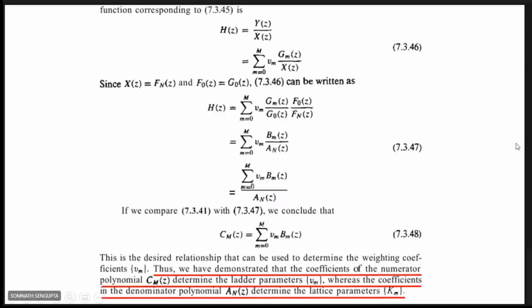Now the analysis, how it is performed, they have explained slightly.